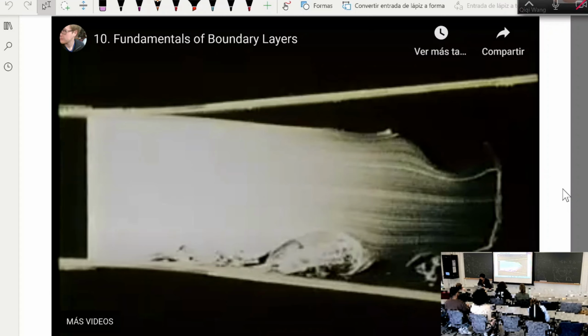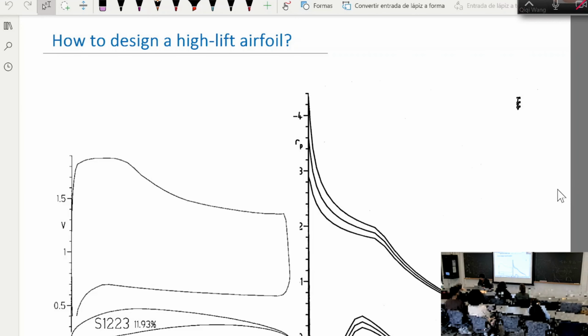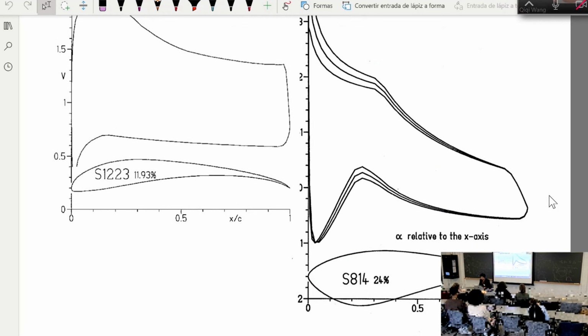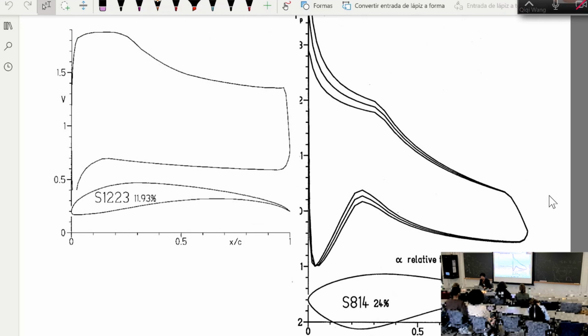Okay, let me say a little bit more on that. That has a lot of consequences in the design of high-lift airfoils. If you look at two airfoils designed to be high-lift, high-lift means it won't separate until you achieve a high lift coefficient.